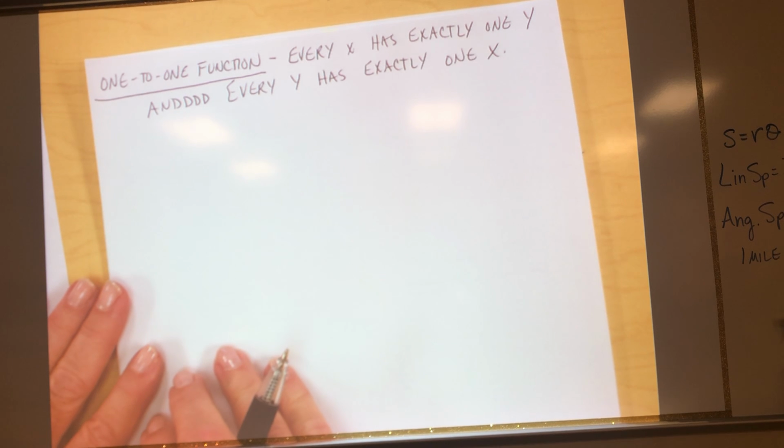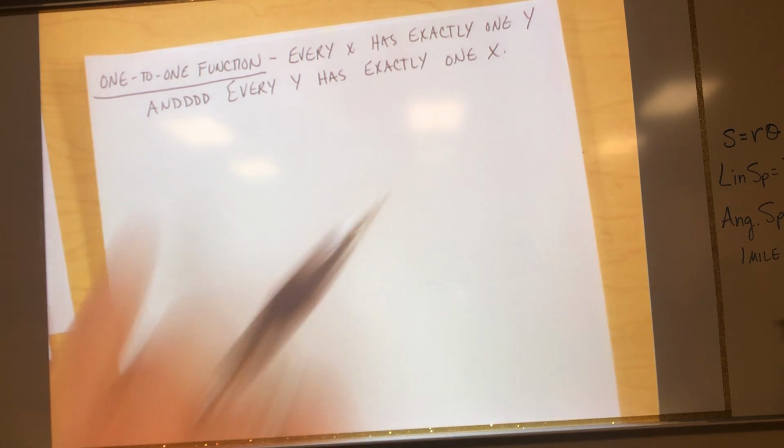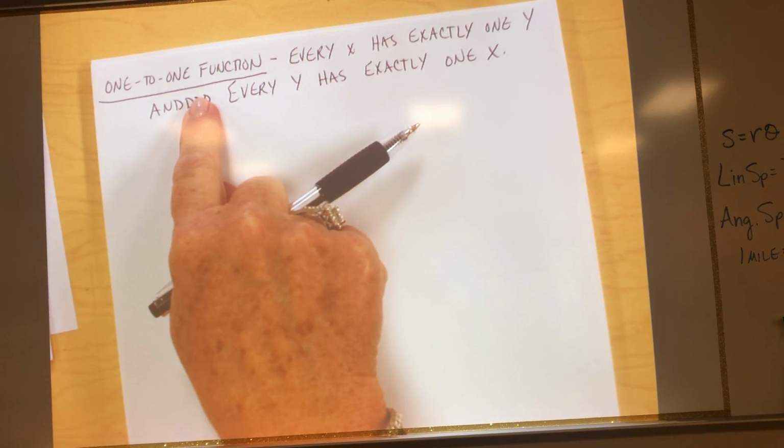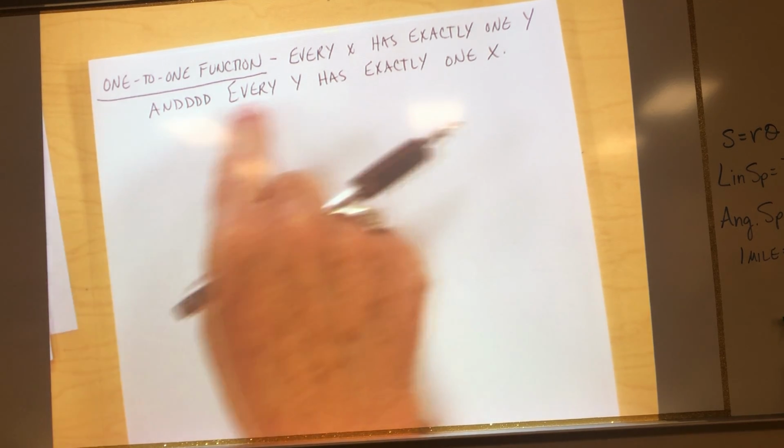All right, so let's think about a list of points. If I give you a set of coordinate points, how did you tell if it was a function or not? If the x doesn't repeat. And how are you going to tell if it's one-to-one? The x and the y can't repeat, because every x only has one y and every y only has one x.